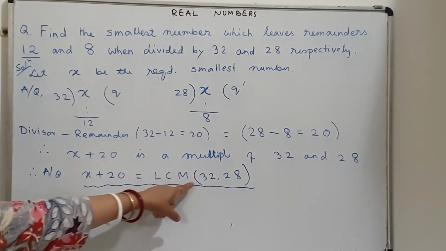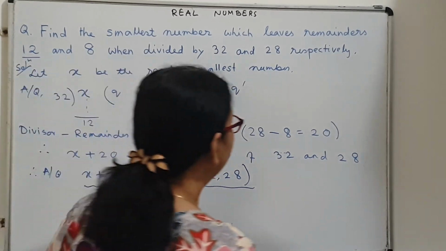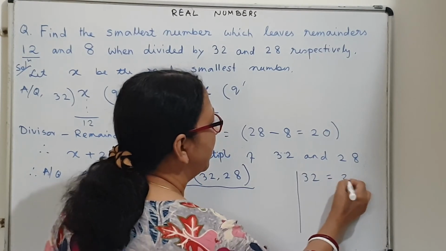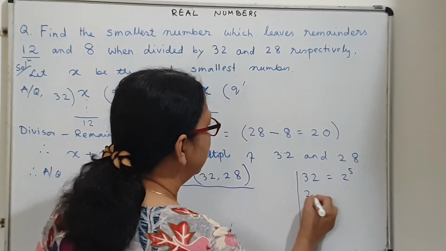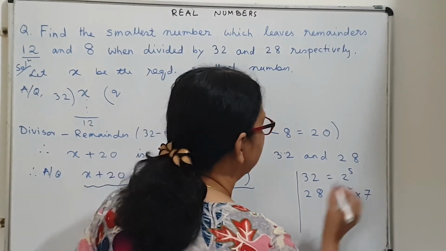Very easy. First of all, you find out the LCM of 32 and 28. It's very easy, all of you will be able to do it. 32 is 2 to the power 5 and 28 is 2 square into 7, 4 7s are 28.